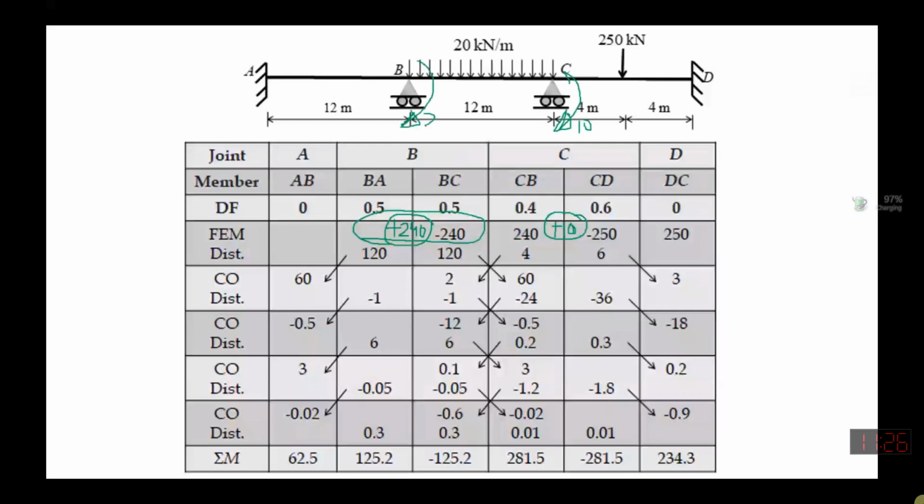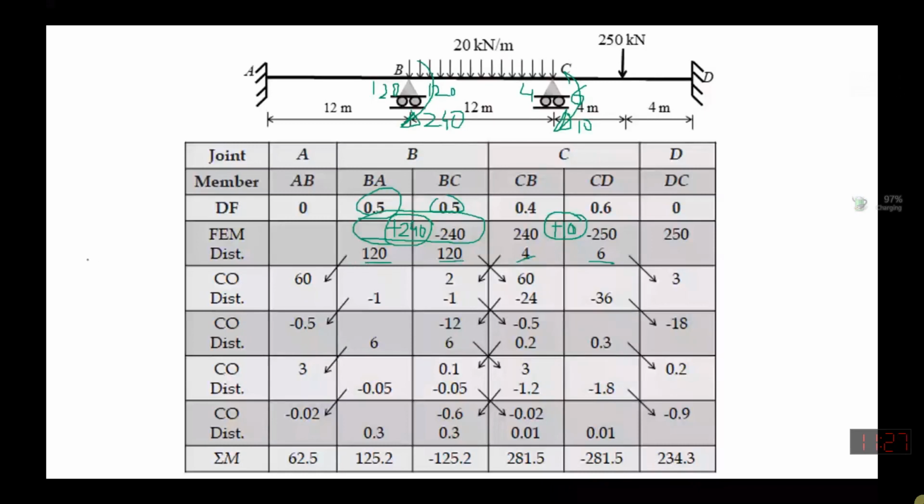The distribution factor here is 0.5, 0.5, so 120 will go to this end and 120 to the other side. Here we have 10, so 4 will go to this end and 6 to the other end. This will be our distributed moment.